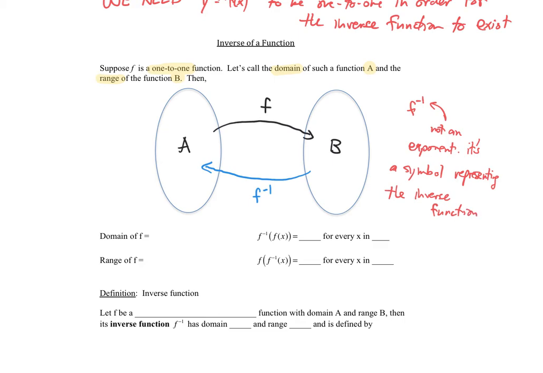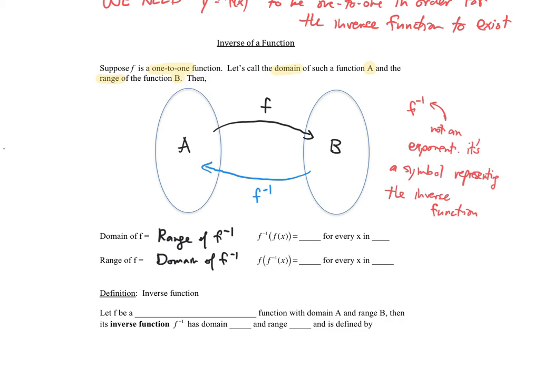So looking at our picture, I think we can see that the domain of f is the same thing as the range of f inverse. Also, the range of f is going to be the domain of f inverse. So they sort of switch roles.